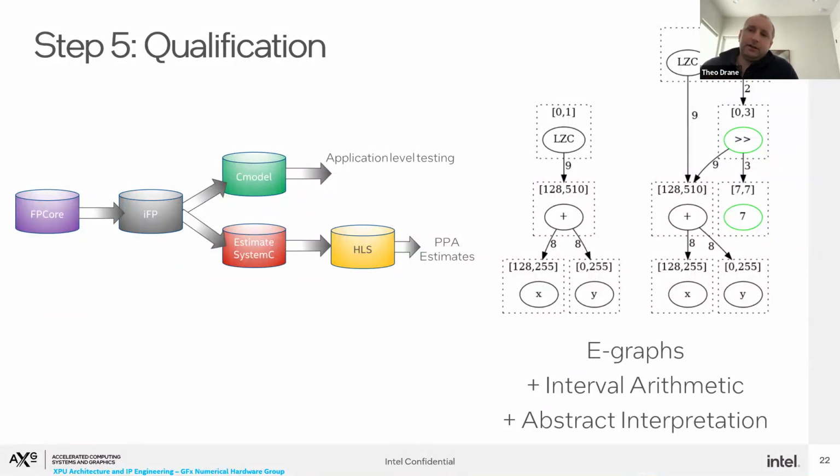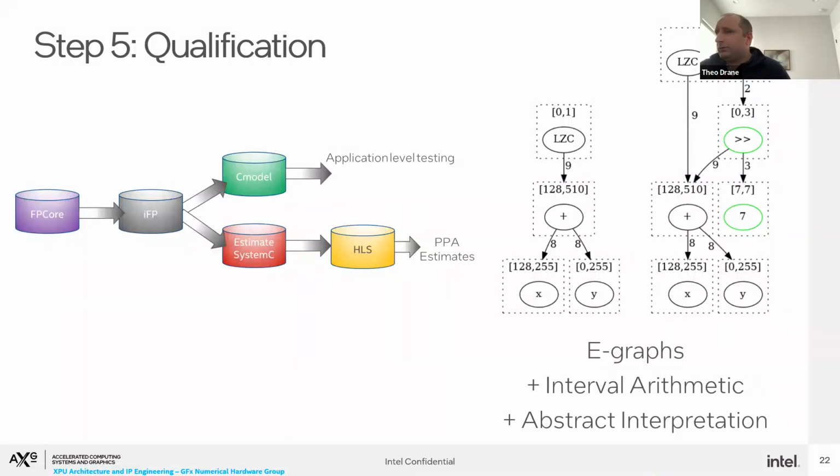And so some of our latest collaborative work uses e-graphs. So first of all, what these are is, this expresses multiple different data flow graphs at the same time in a compact way. This allows you to explore multiple implementations. Each of these has very different PPAs. So we're using that technology.